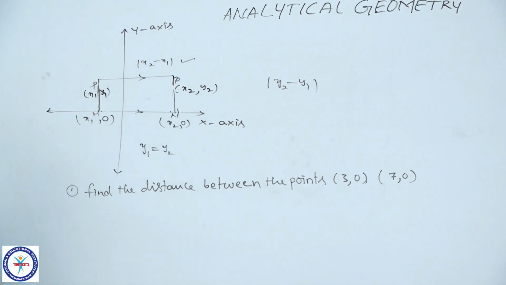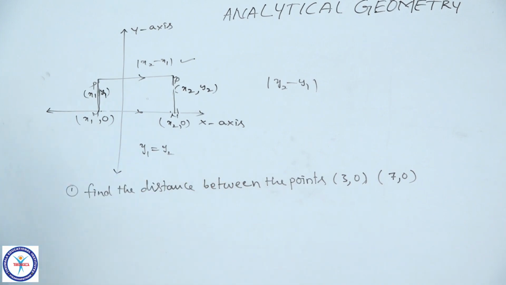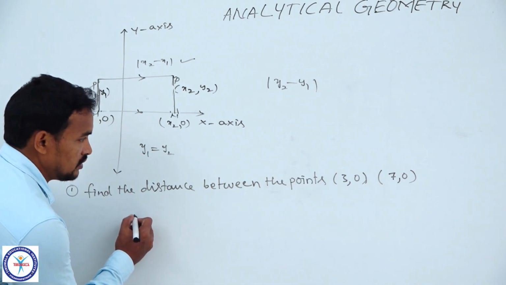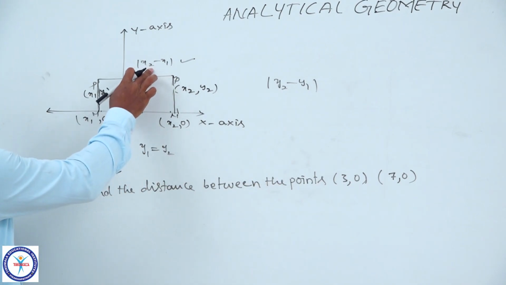Here we observe 3, 0 and 7, 0. Both lie on which axis? Both lie on the x-axis, because the y values are zeros. When both lie on the x-axis, the distance between them is mod x2 minus x1.